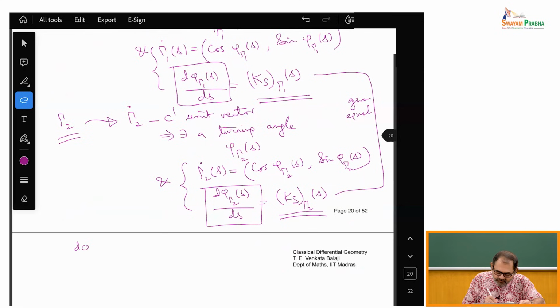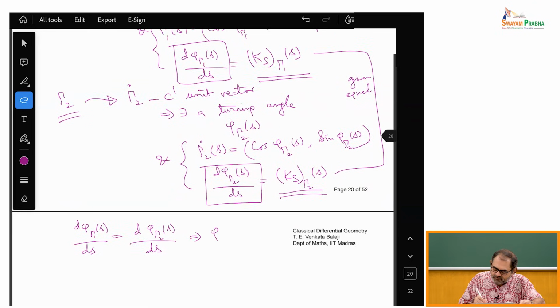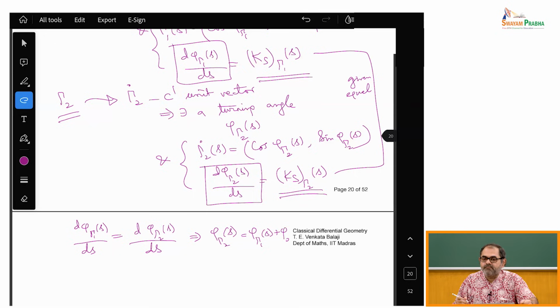So now this derivative and this derivative are equal. That means they differ by a constant. So d phi gamma 1 of s by ds is equal to d phi gamma 2 of s by ds, and this implies that phi gamma 2 of s is equal to phi gamma 1 of s plus some phi naught.